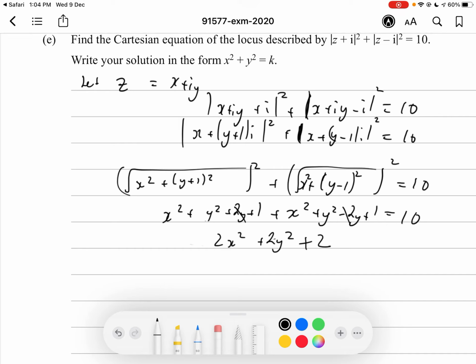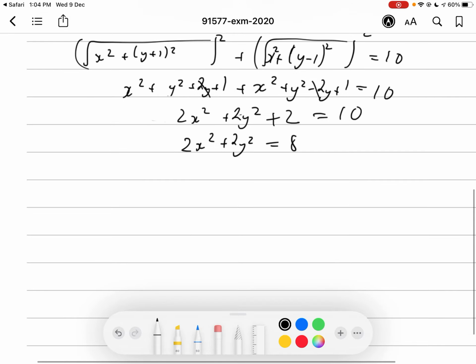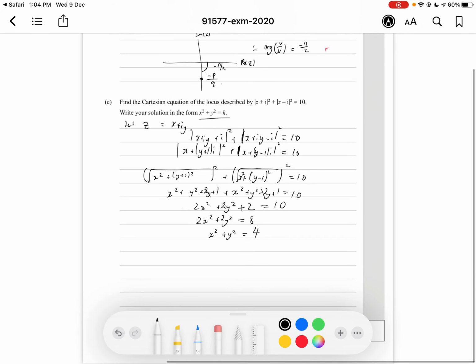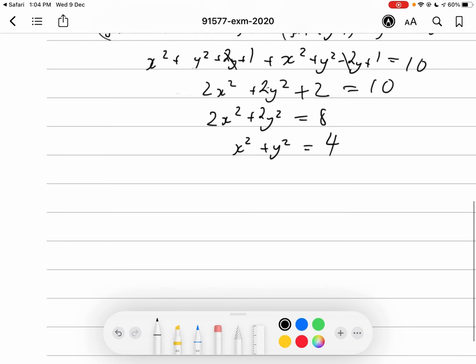That equals 10. Alright, so 2x squared plus 2y squared equals 8 if we subtract 2 on both sides. If we divide by 2 on both sides, we get 4. So the equation is x squared plus y squared equals 4.